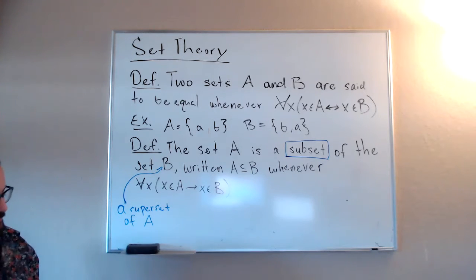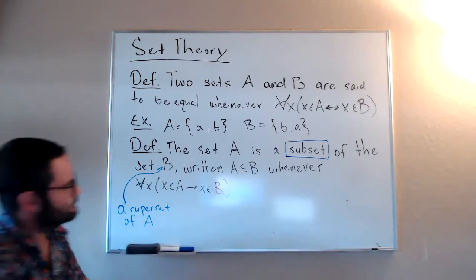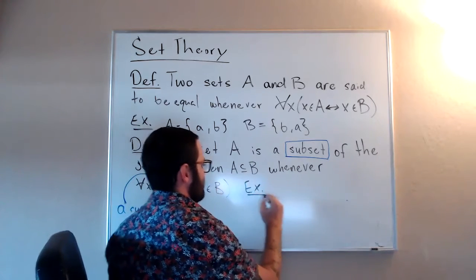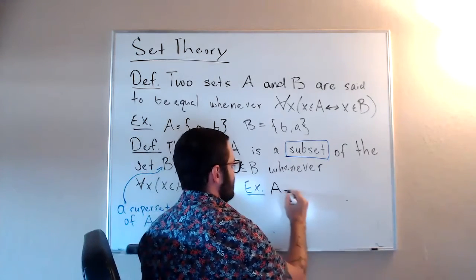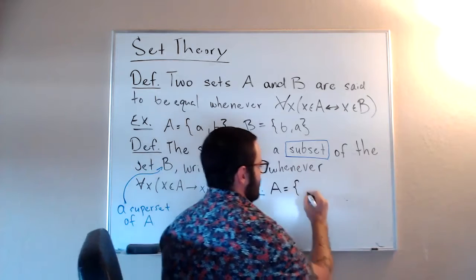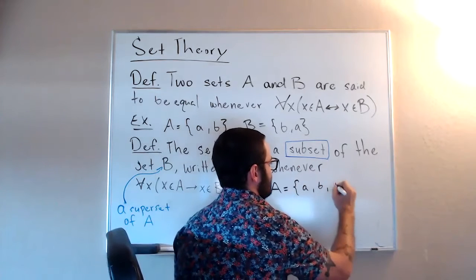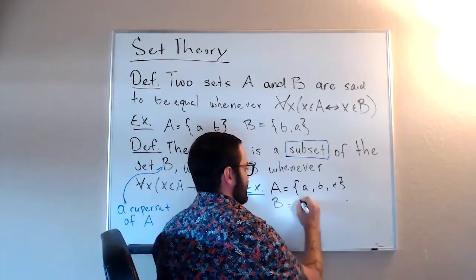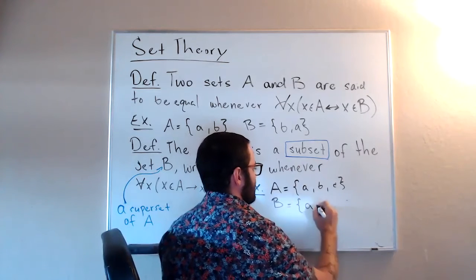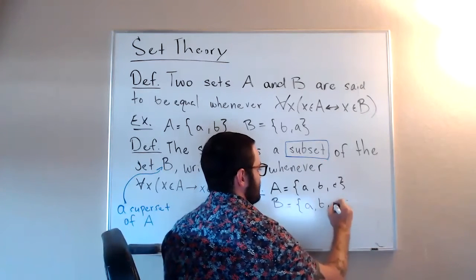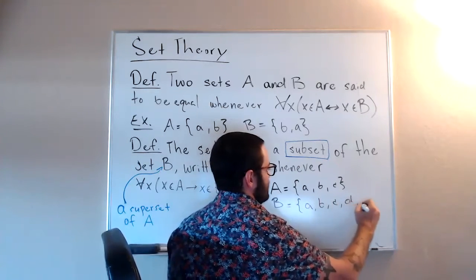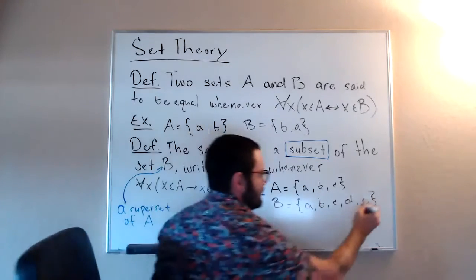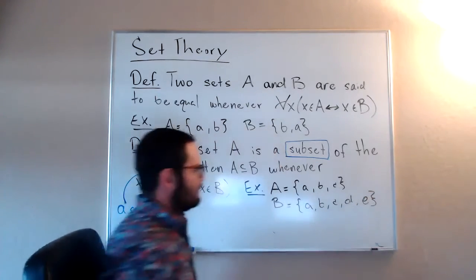So, for example, take A to be the set {a, b, c}, and B to be the set {a, b, c, d, e}.